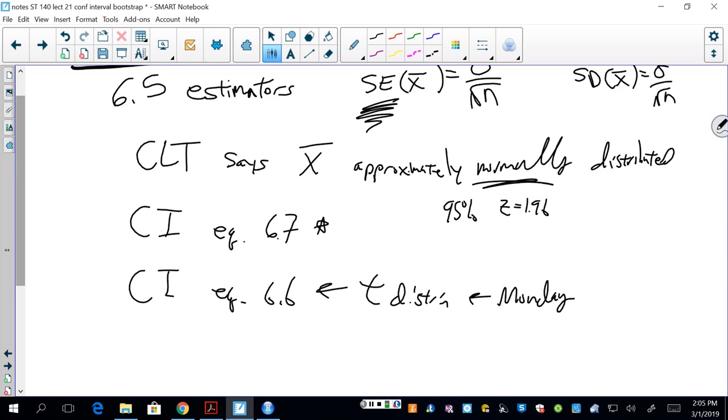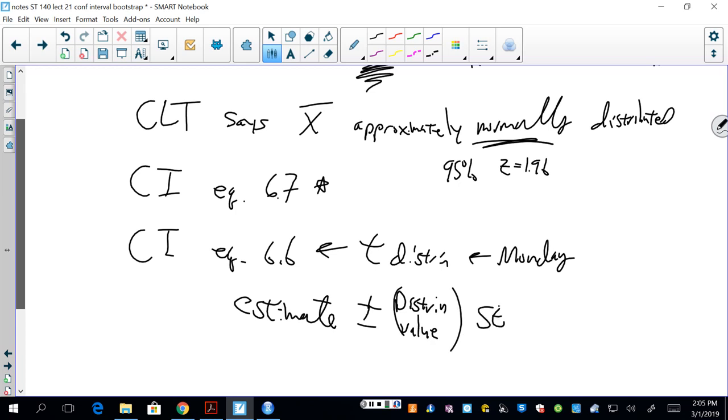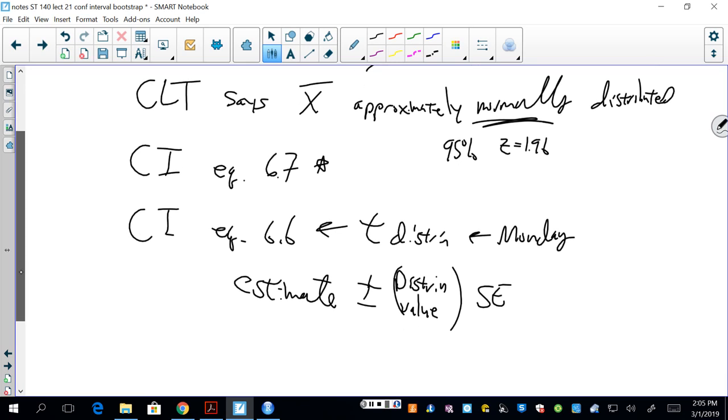So there's a little variation, but still there's going to be an estimate plus or minus a distribution value, which we've used z for so far, times the standard error. It's going to look the same, but we're going to change a few details to make it more like it's really done in practice.